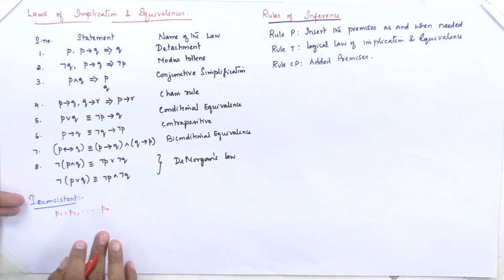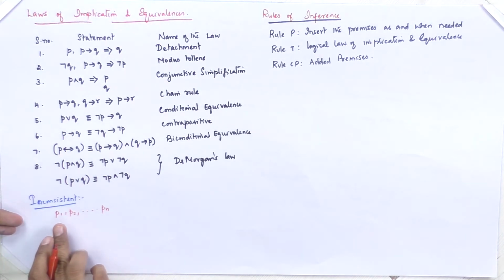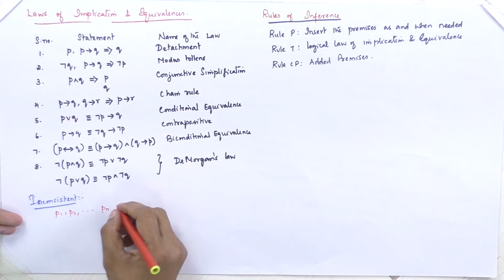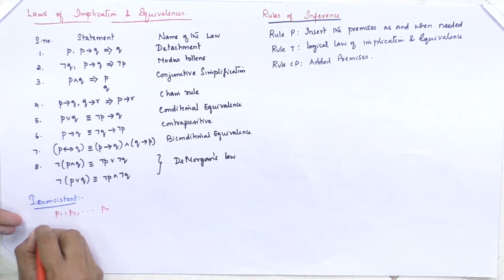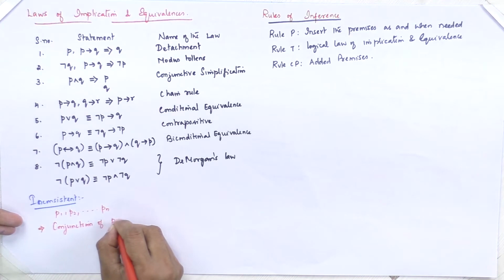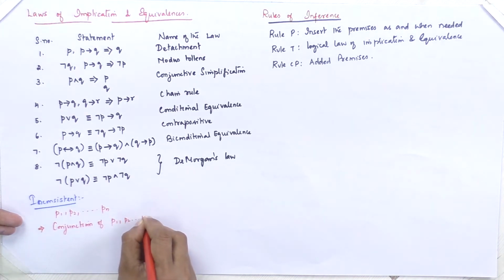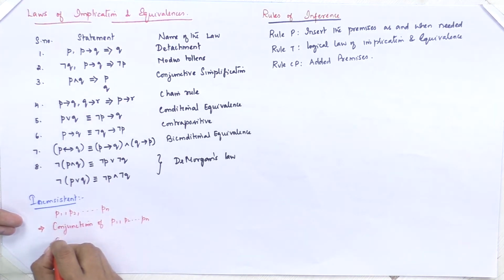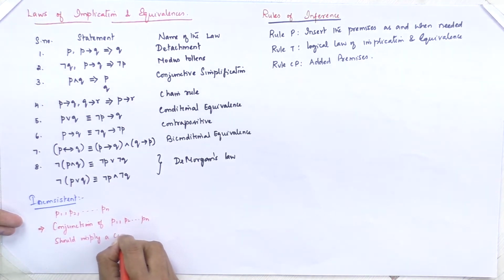Inconsistent statement means whenever we take the conjunction of all these premises, P1, P2, so on till Pn, it should imply what? It should imply a contradiction.